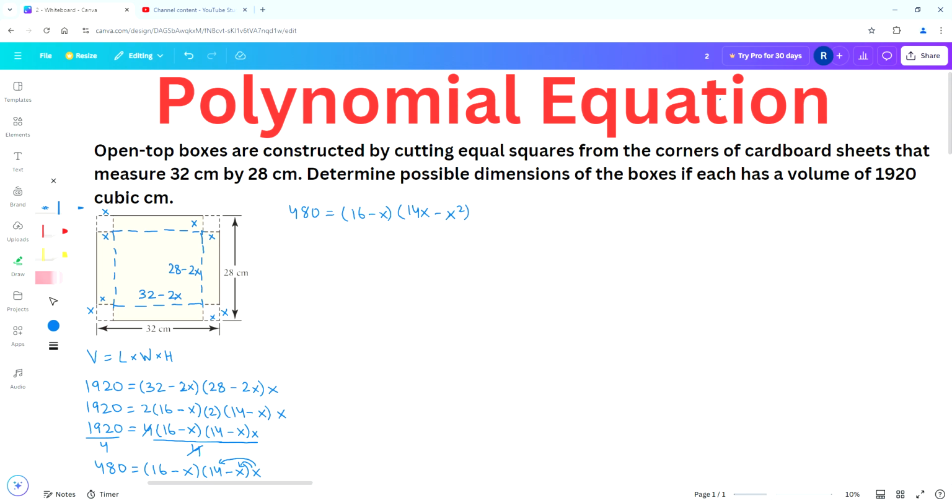Next, we can use FOIL method to distribute the terms in these two parentheses. 16 times 14x is 224x. 16 times negative x squared is negative 16x squared. Negative x times 14x is negative 14x squared.